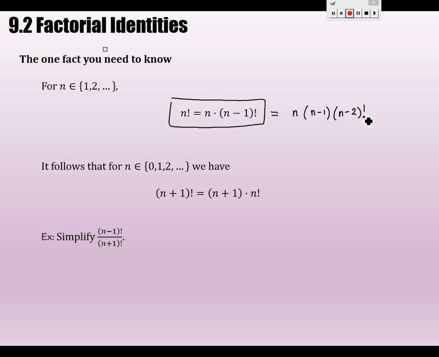So you get n plus 1 times n factorial. Right above it, we have a way of rewriting, because what's the top one when you multiply it?